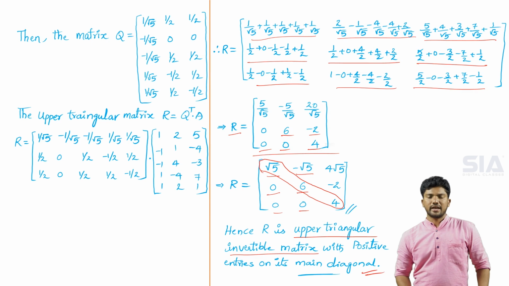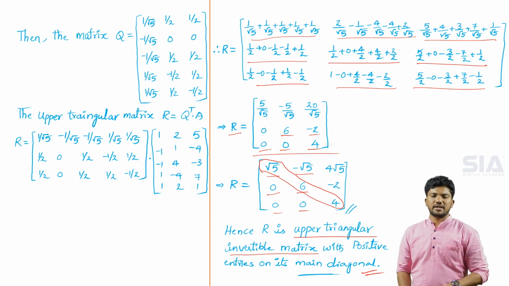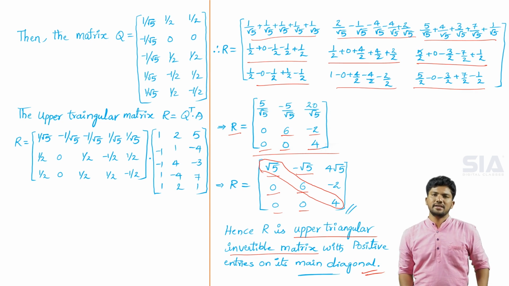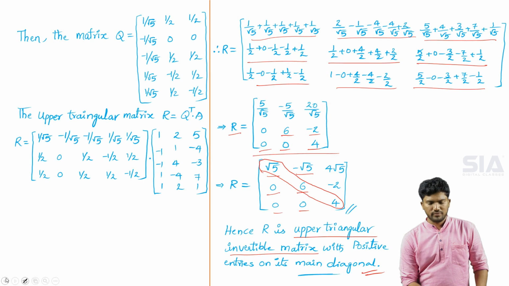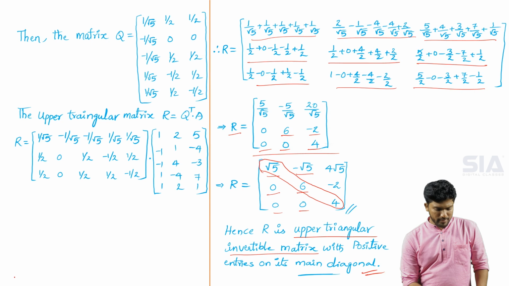So capital R is a 3 by 3 upper triangular invertible matrix with positive entries on its main diagonal. In this format we can find the QR factorization of capital A. Here we got capital Q.